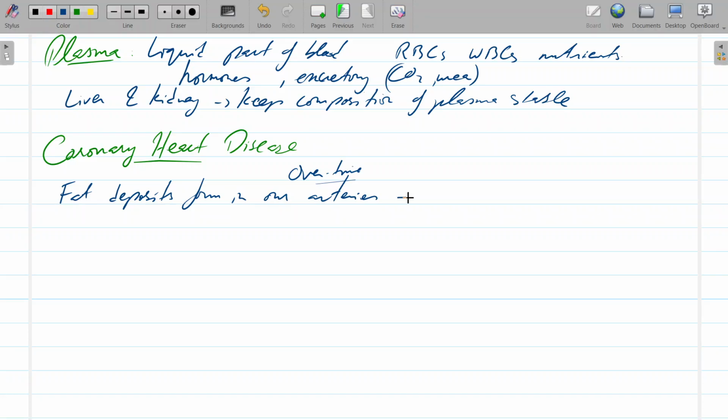And so these fat deposits are called an atheroma. Right? And so obviously if you've got these deposits on the lining of the arteries, then they would reduce the lumen size available for the blood to pass.